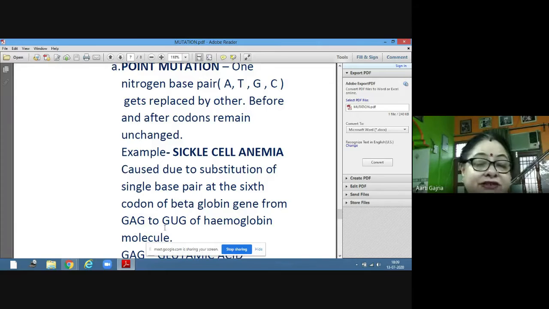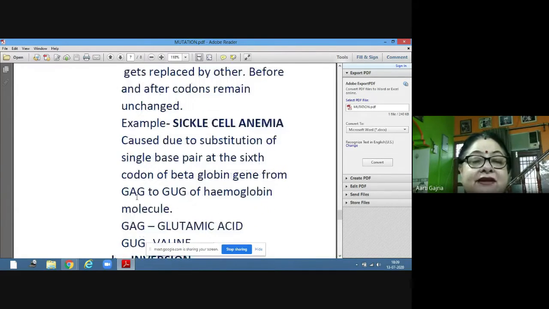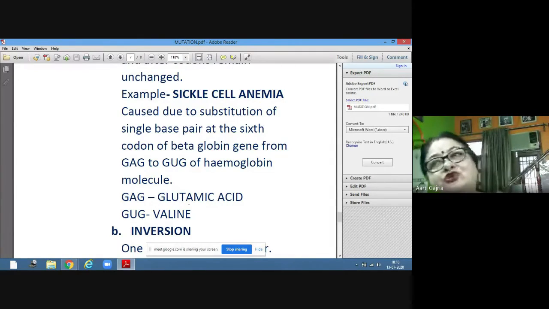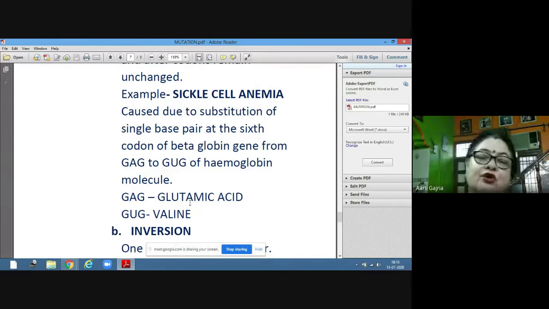So what is the change? The change is only that this A is getting changed into U. A is changed into U, a change in a single base pair. Now what would be the result? This GAG was coding for the amino acid glutamic acid. As I told you, DNA is changing into RNA, RNA to protein, so every codon is coding for one amino acid.